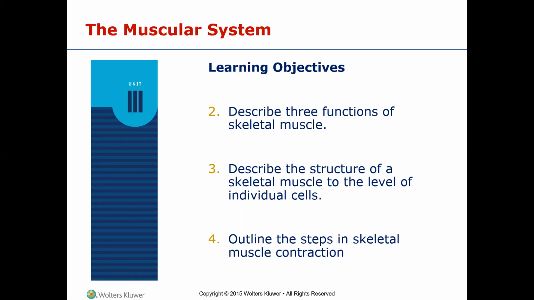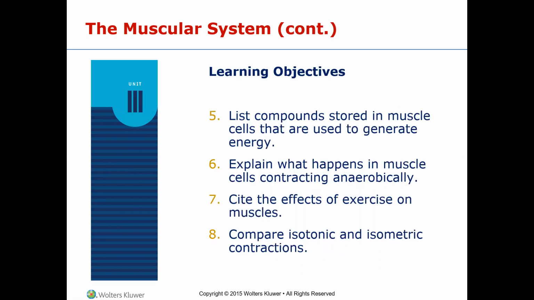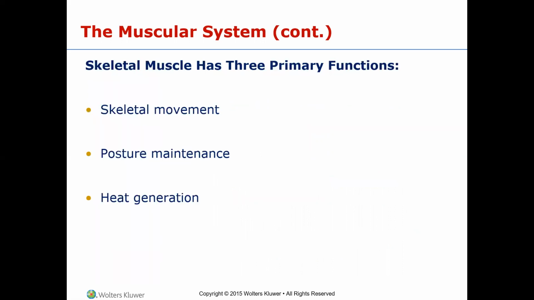Most of this chapter 8 pertains to skeletal muscles. So from here on out, that's what we'll be discussing. You will be responsible for listing the compounds that are stored within the muscle cells and what happens. But in terms of 6, 7, and 8, you are not responsible for those.